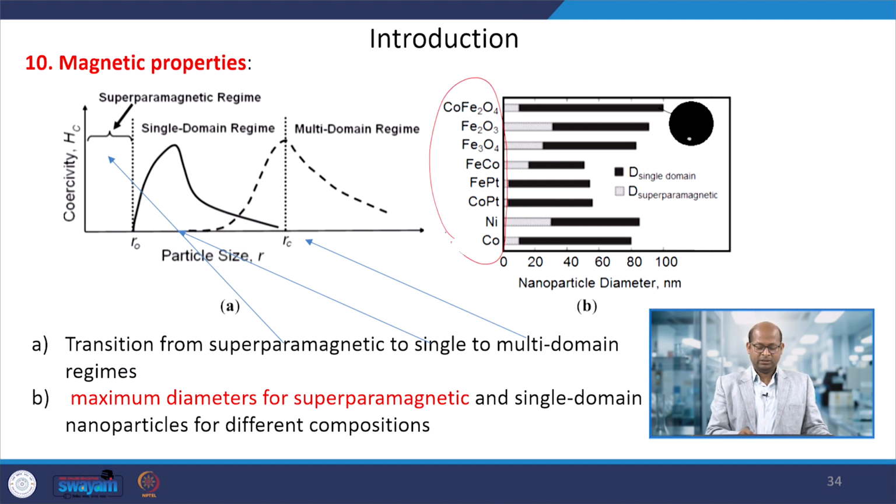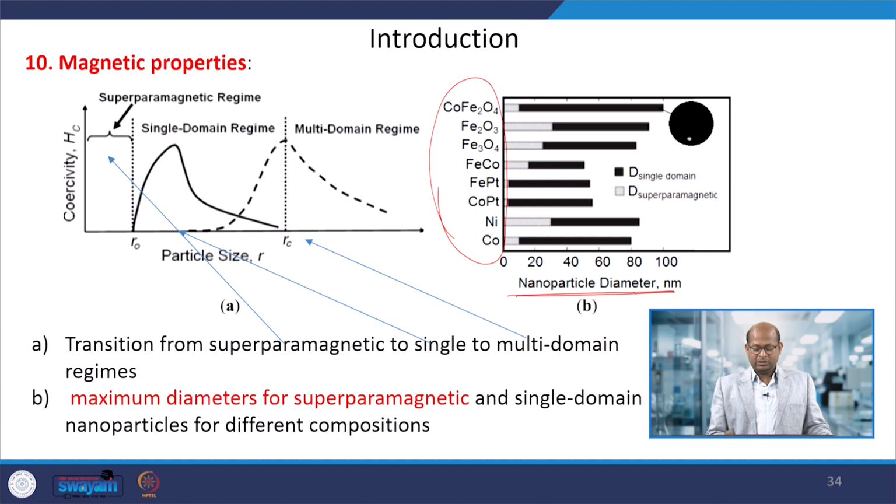Here's a list of materials: cobalt, nickel, cobalt platinum, iron platinum, iron cobalt, Fe3O4, Fe2O3, cobalt iron oxides. You can see that for these materials, particle diameter is very important.